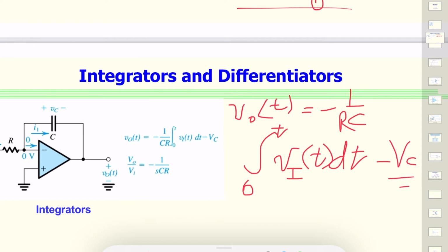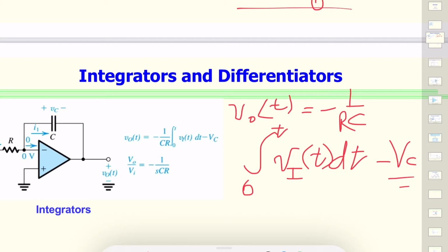Now this is the initial condition, and RC is the integrator time constant. Now circuit output voltage is proportional to the time integral of input voltage. That's as simple as that.